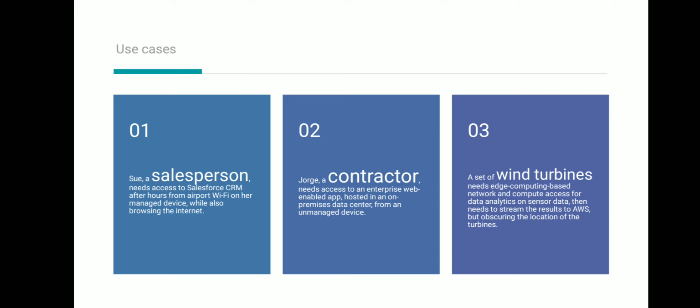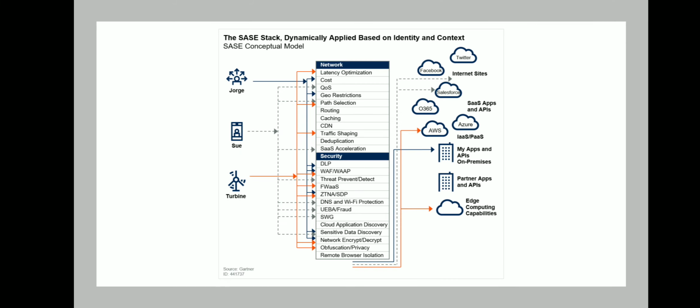One is an employee, one is a contractor, and the third one, rather than a consumer, I took more of a machine, because we need to make sure that whether it is a human or machine, both have secure access to the environment. How this dynamic access or policy is going to be managed, we will look at in the next slide.